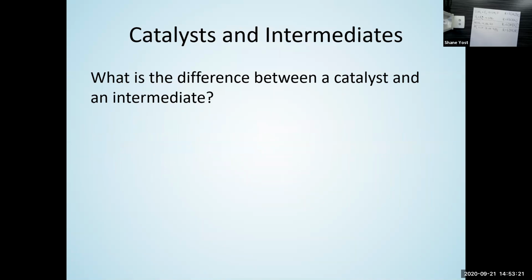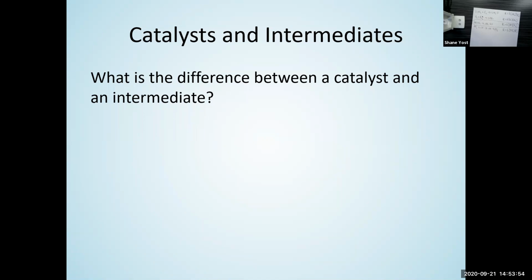So in a reaction mechanism, how would you tell the difference between a catalyst and an intermediate? Yep, exactly. Both intermediates and catalysts do not appear in the overall chemical reaction. But a catalyst is consumed at the start of your reaction, then produced later.